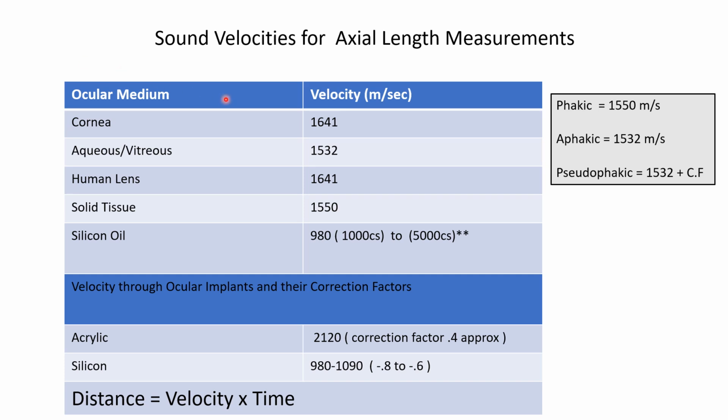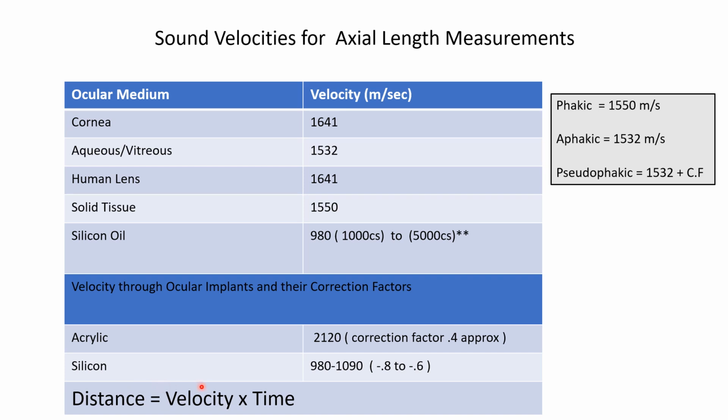If we know the velocity of sound in each of these media, then we can use the formula speed equals distance by time to get the distance, that is the axial length. So distance is equal to velocity into time, that is the velocity of sound through each of these media into the time the ultrasound takes to come back to the probe. If we know the velocity and the time, then we can easily calculate the distance, that is the axial length.